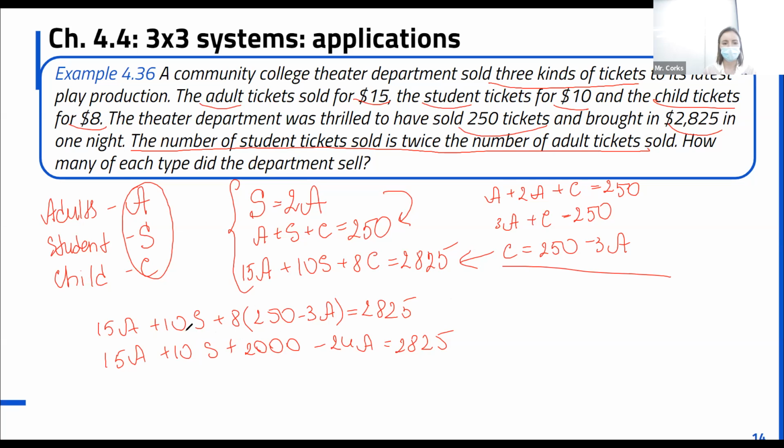And here we can also substitute S for A. So let's see what we have. 15A plus 10 multiplied by 2A minus 24A equals 825. So 15 plus 20 is 35, minus 24 is 11. 11A equals 825.